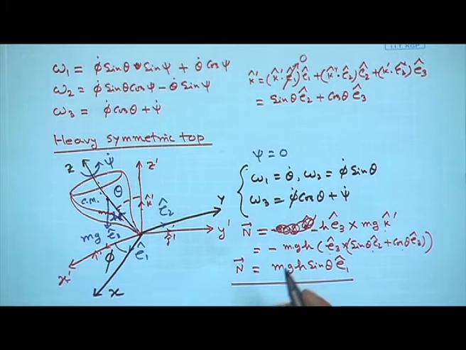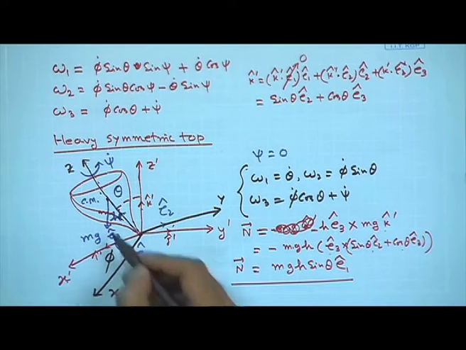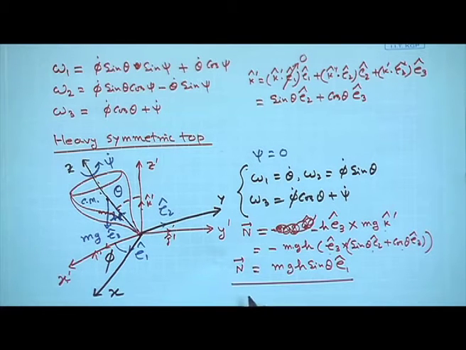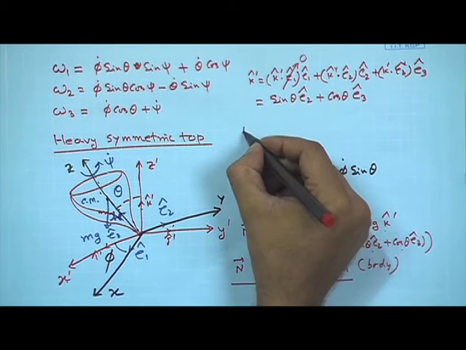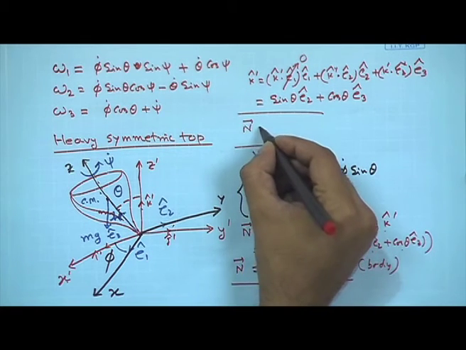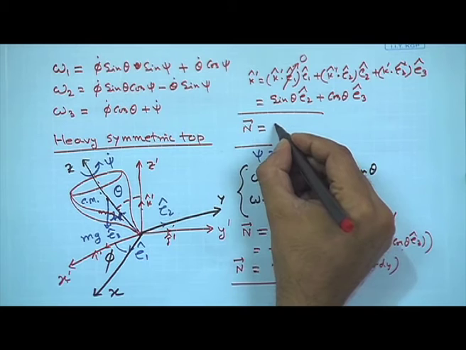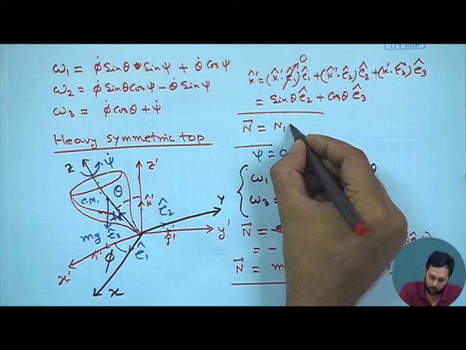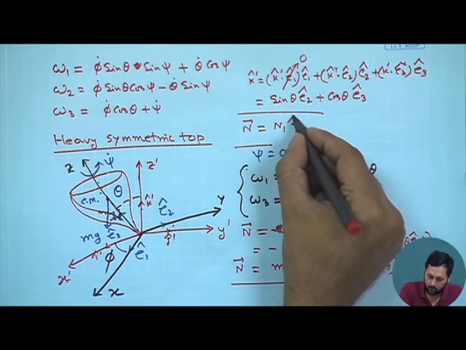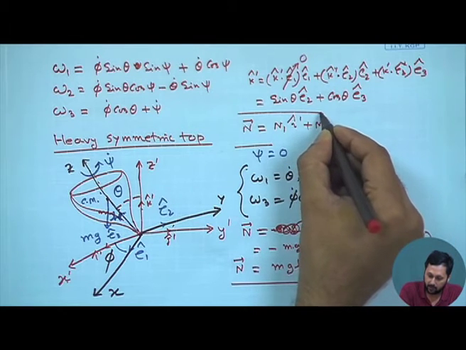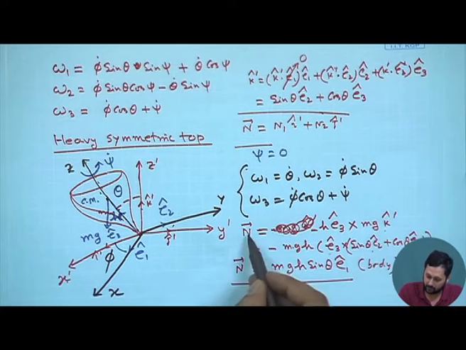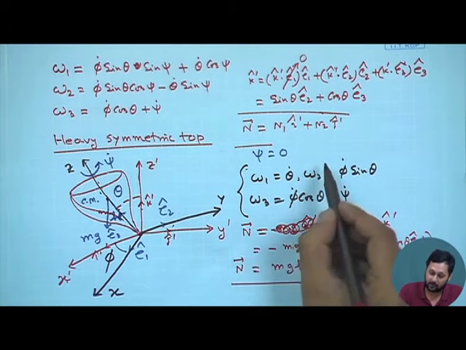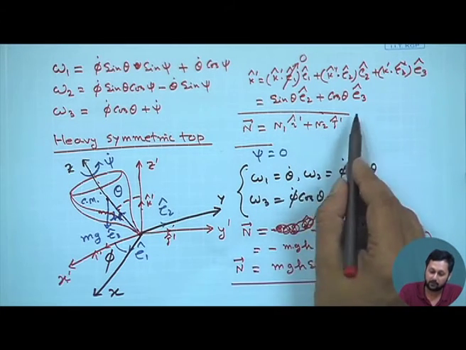So, in the space set of axis, n can have a general form of n1 i capped plus n2 j capped. Because k capped comes in the expression of n itself, this can never have a component in the z direction.